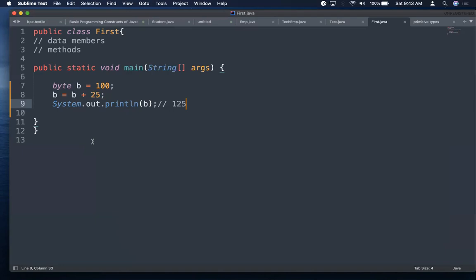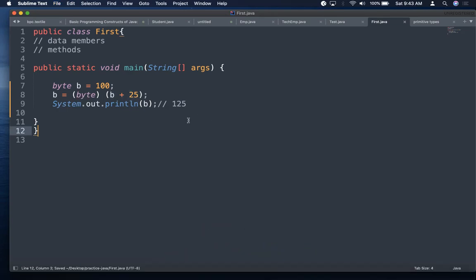Okay, so now how to make this work? What we have to do is explicitly typecast. So how to typecast? In Java, in order to typecast, you have to keep the data type in parentheses, and the whole of this expression you also have to keep, because the whole of this expression is integer 125 that I want to convert to byte, and byte is well within the range.